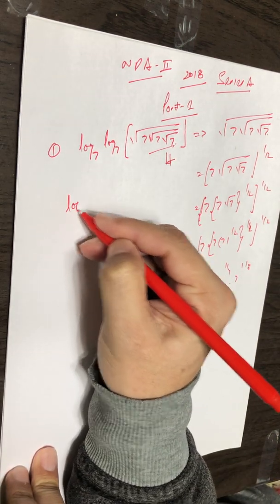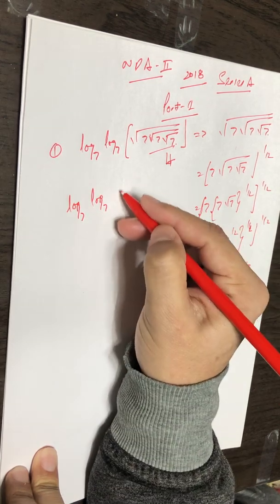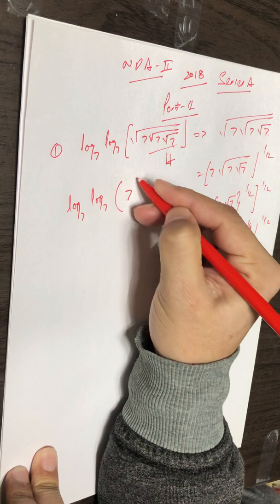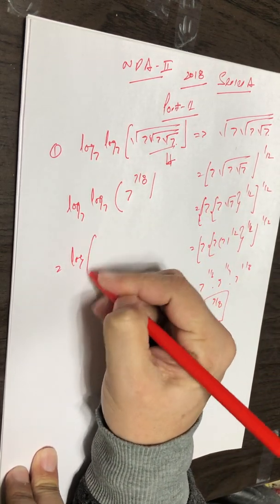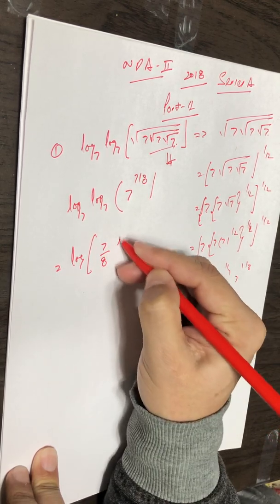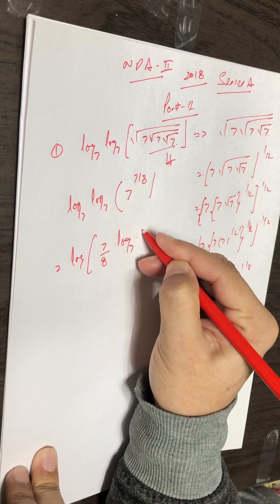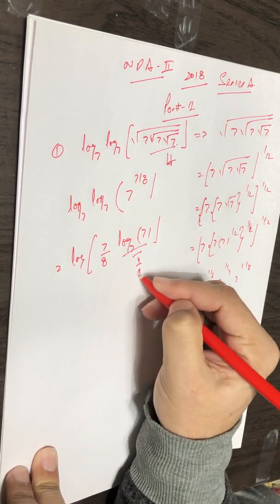So writing this in the original question, we write this as 7 by 8. Using the logarithmic property, this will equal 7 by 8 log to the base 7 of 7, so this will equal 1.